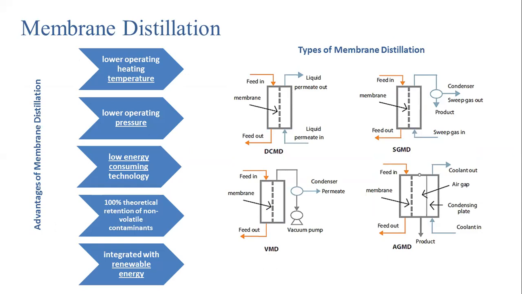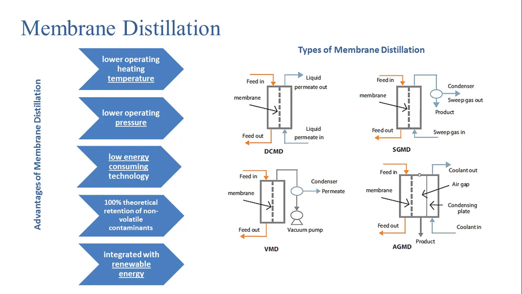For this reason, it will decrease the energy consumption. In theory, 100% retention of volatile contaminants should be achieved, because this is not only a technique for desalination. It can be a technique for removing any desired contaminant from water, and this is extremely important.